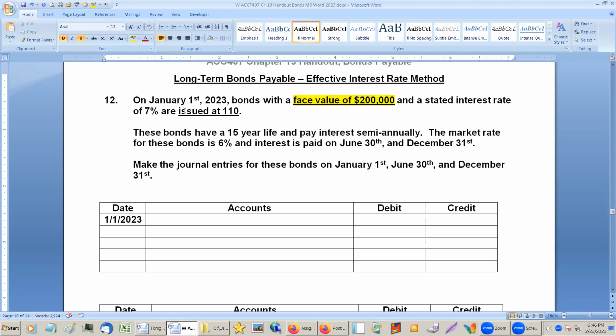So we'll make our first journal entry based on that. Okay, so cash, an asset going up. These are 200,000 issued at 110% equals 220,000.